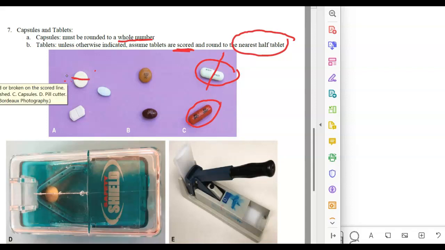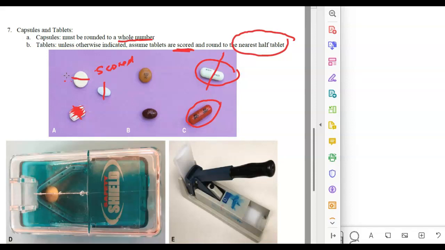This is scored. This line right here, this is what we mean when they're scored. Now, if this line is not here, then you can't really cut it. Those are the tablets that are not supposed to be cut. So please don't cut those.